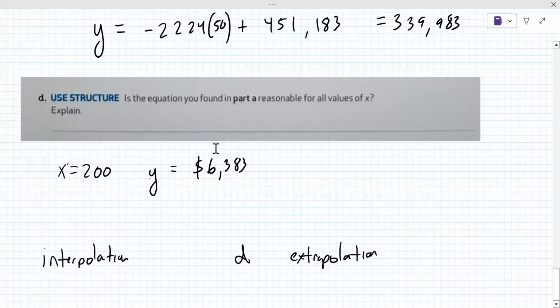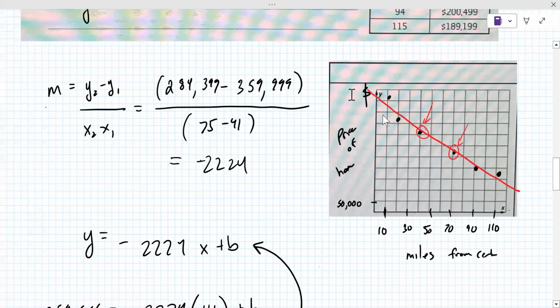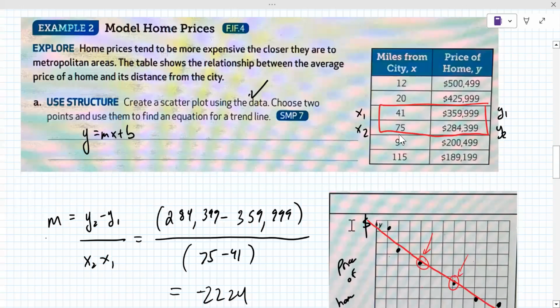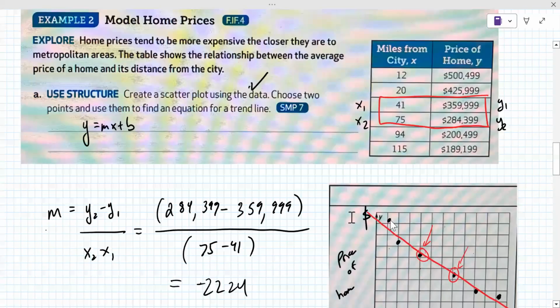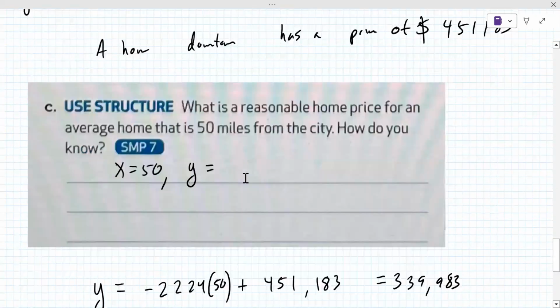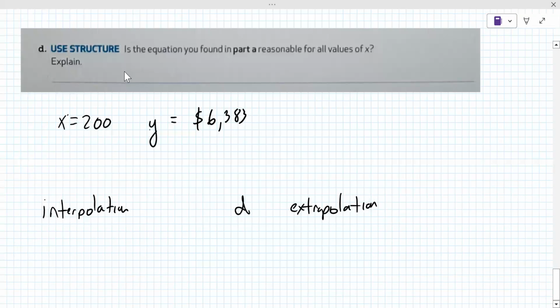So the answer is no, it's not reasonable for all values of X. Typically they say this equation is only good for the X values that they give you in the problem. Basically, it's only good from say 12 to 115 miles. Got it. But I'm not sure what they're looking for here exactly, so you've got to check with your instructor on this, because he's grading you and his information is going to be more valuable than mine at this point. Got it.